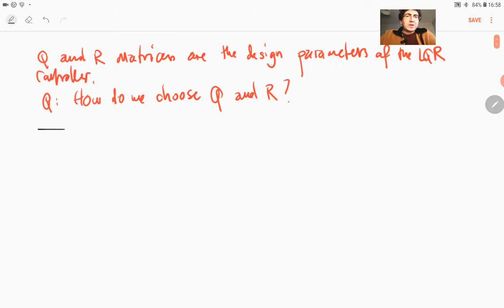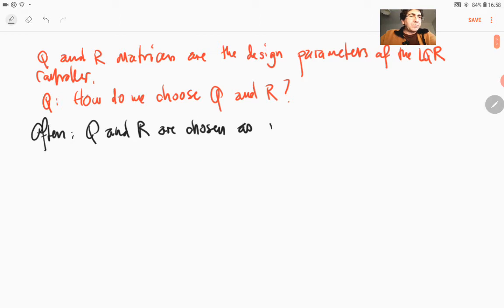Often Q and R matrices are chosen as diagonal matrices. The reason for that is that the function of Q and R is in the cost function to weight either the state or the input as an element of the cost function.